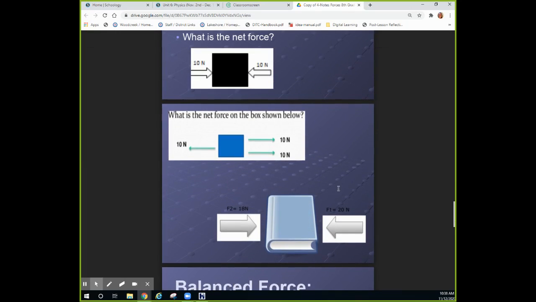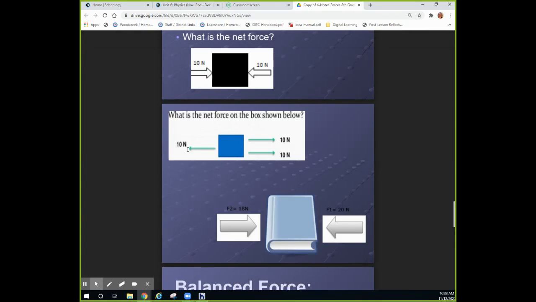So let's do a couple more examples. What is the net force on this box? First step, identify the directions. We have 10 newtons to the left, and we have 10 newtons to the right and 10 newtons to the right. Because both of these arrows are pointing the same direction, I'm going to add them together. So we have 20 newtons to the right, and we have 10 newtons to the left.